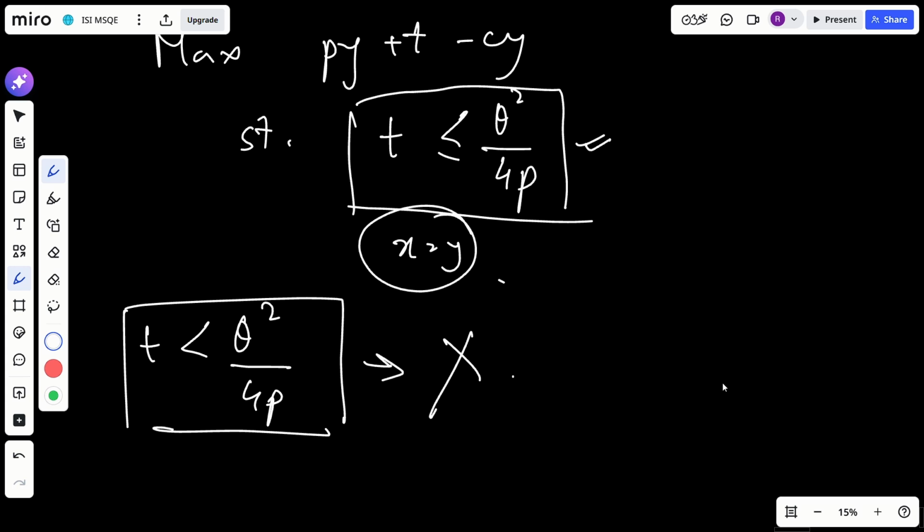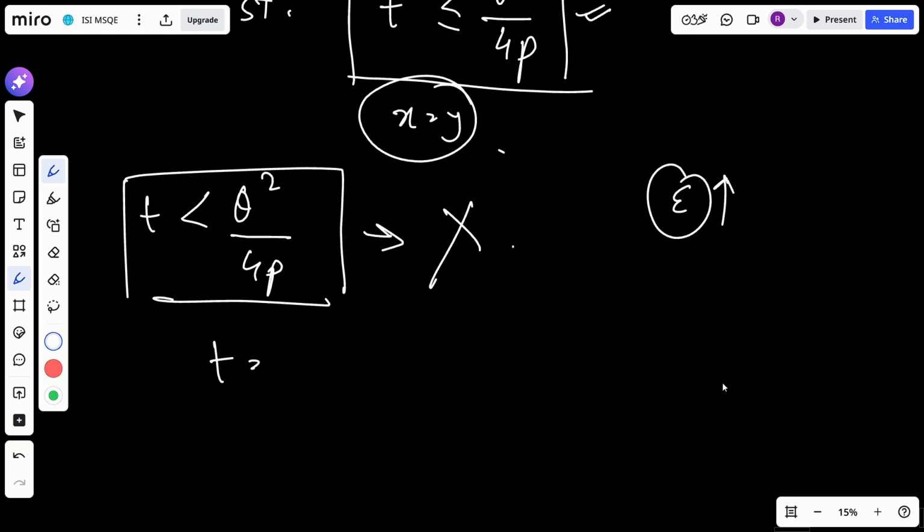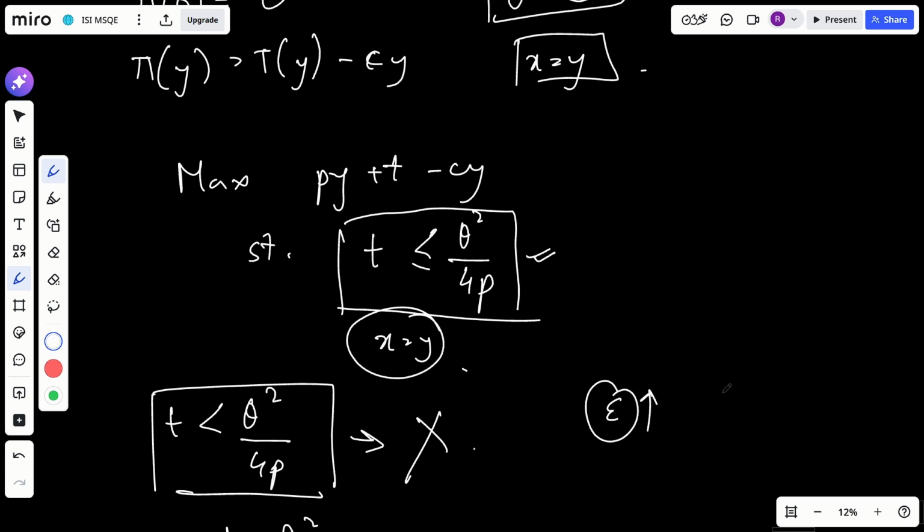But if he just increases this t by an epsilon amount, he will still be able to sell that y star amount, but his revenue will go up. So he will increase his t up to the point where t is equal to theta square by 4p.